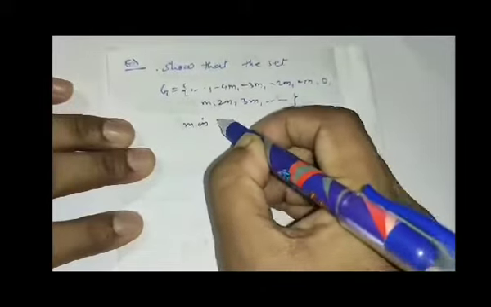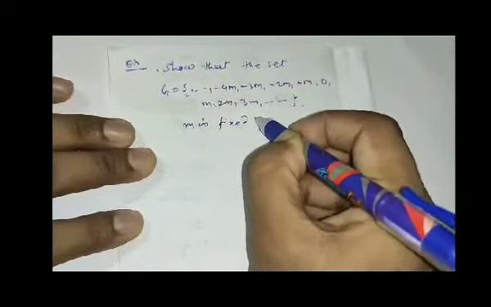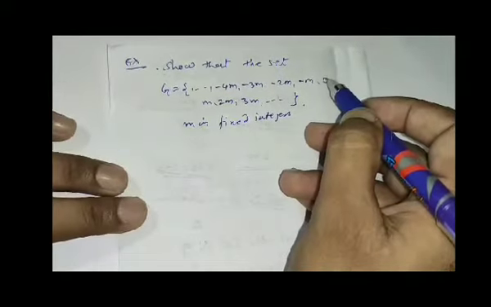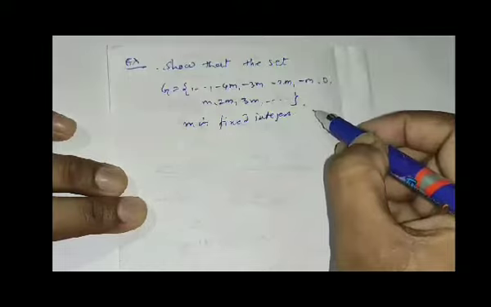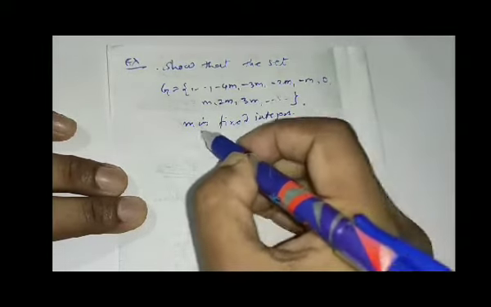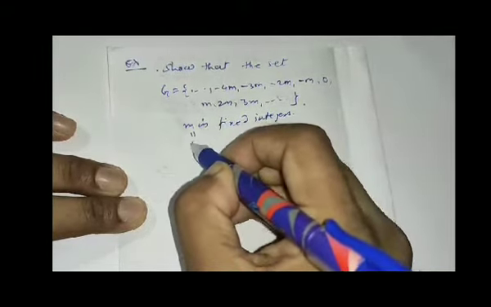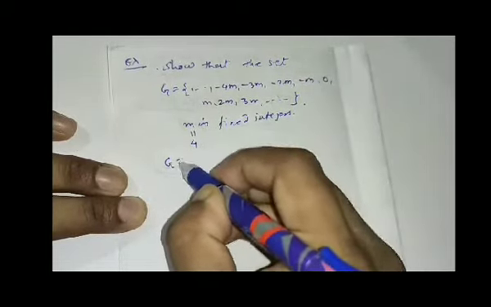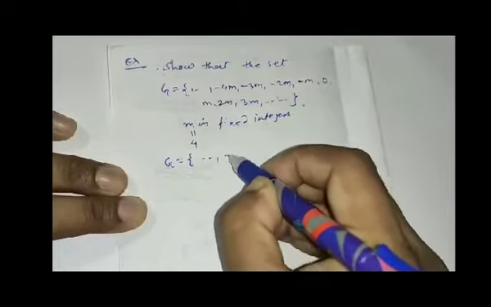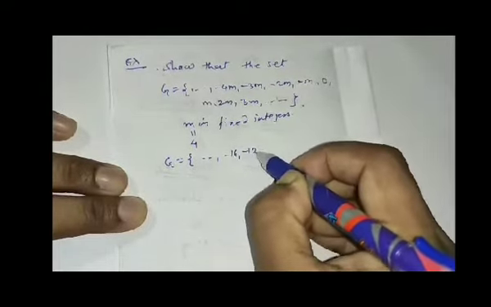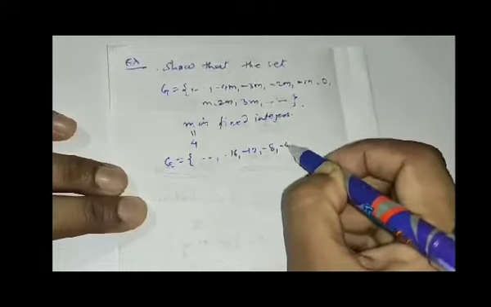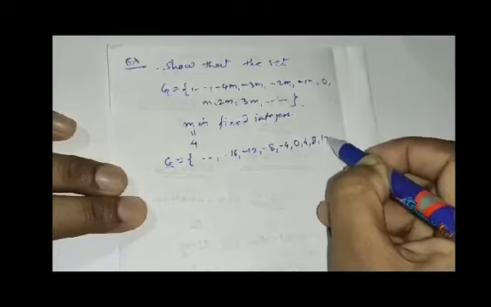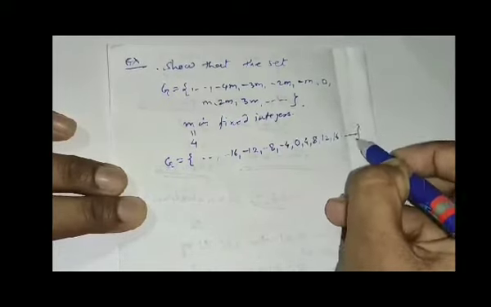This m is a fixed integer. Suppose m is equal to 4. Then G is minus 16, minus 12, minus 8, minus 4, 0, 4, 8, 12, 16, and so on.